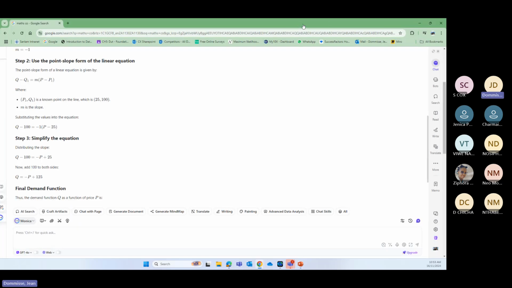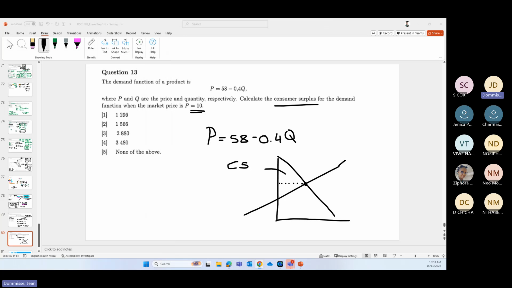Then if you look at consumer surplus, I want to quickly put in a consumer surplus graph for you guys.